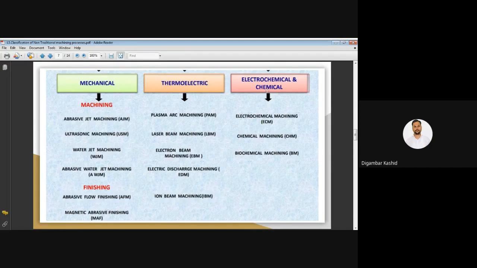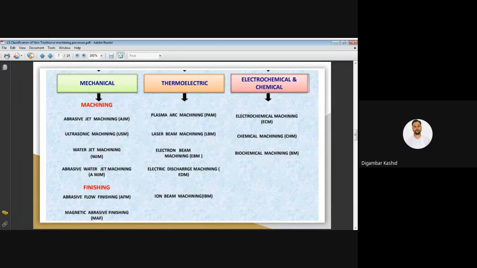Those factors are process capability, physical parameters, shape to be machined, properties of your workpiece material to be cut, and lastly the economics of your process.